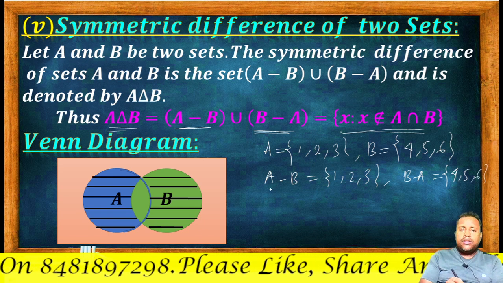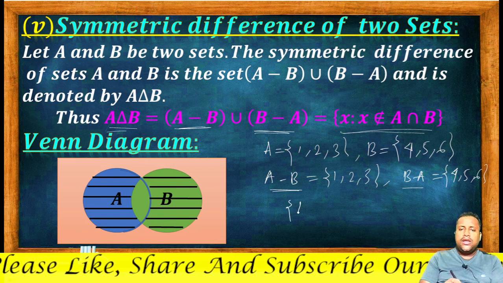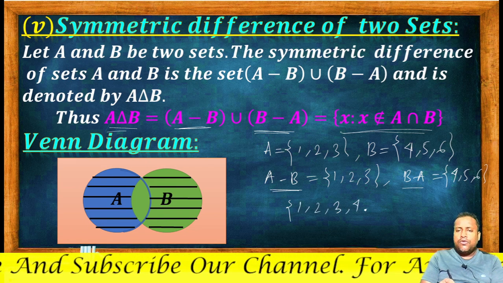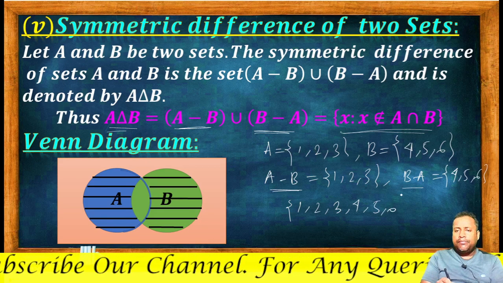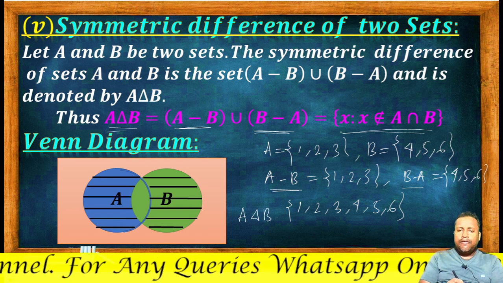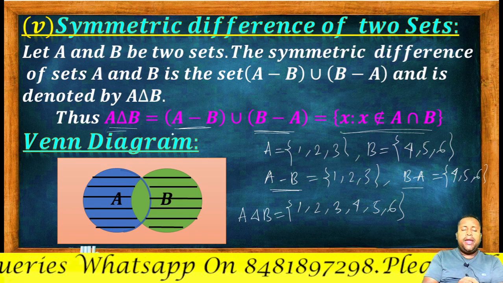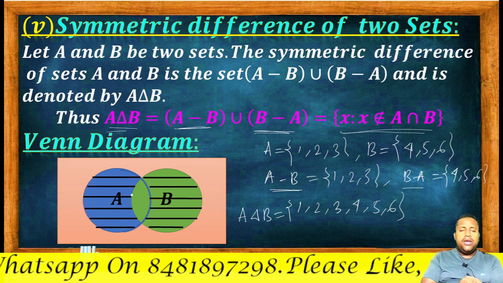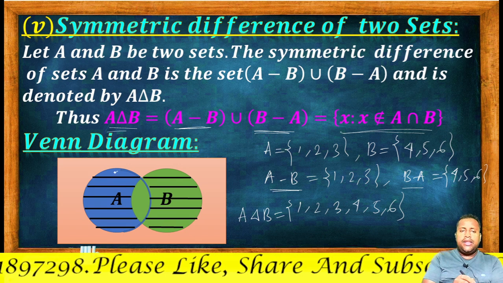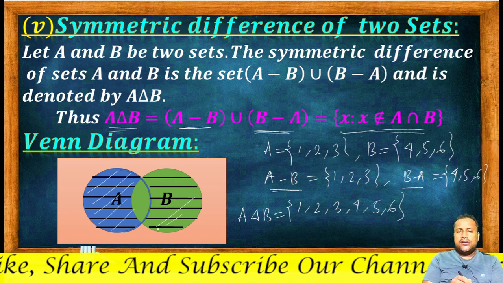And if we calculate the union of A minus B and B minus A, it will be {1, 2, 3, 4, 5, 6}, and it will be A Δ B. And A Δ B by Venn diagram is represented like this: A Δ B is this region marked by the black line.